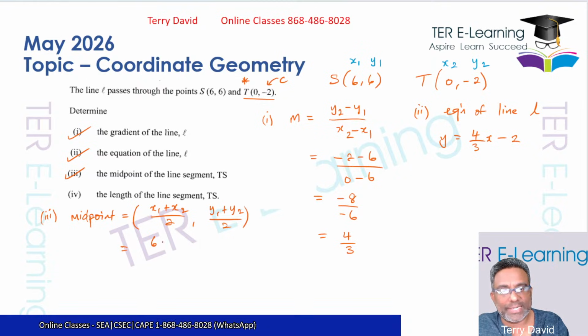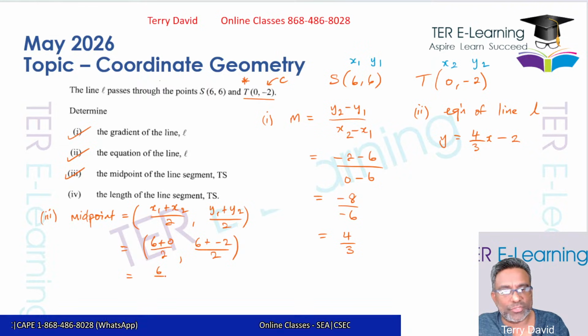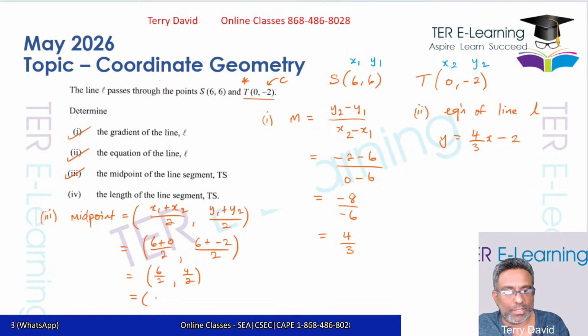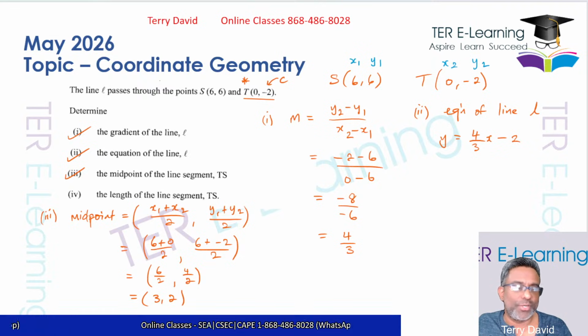So that's going to be 6 plus 0 divided by 2. You're going to add the two y coordinates. So that's 6 plus minus 2 all over 2. So this will be 6 over 2. And this one here will be 6 minus 2 is 4. So that's 4 over 2. So that's going to be 3, 2. Okay, so that's going to be my midpoint of that line there.